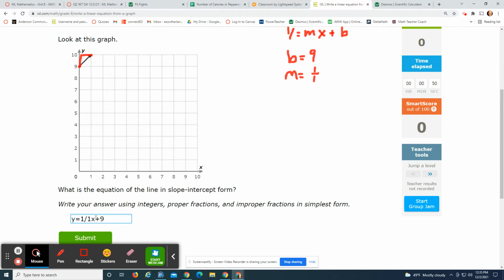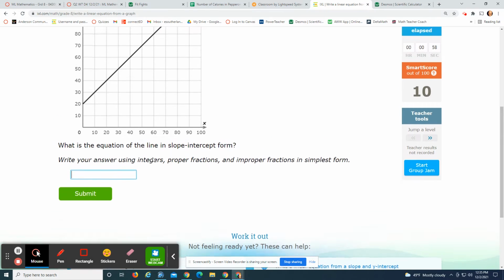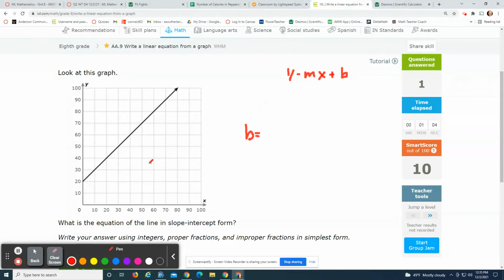The equation we need to type in, again, is this here. We only need to know what the y-intercept is and what the slope is. As we're doing that, we're going to keep finding that same equation. The b for this is 20.